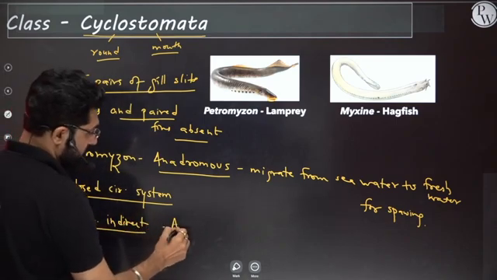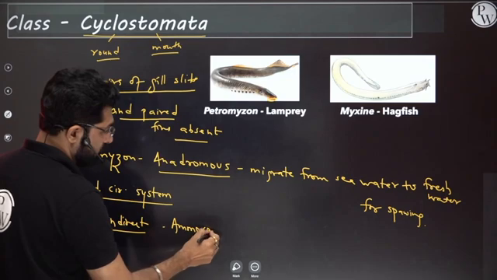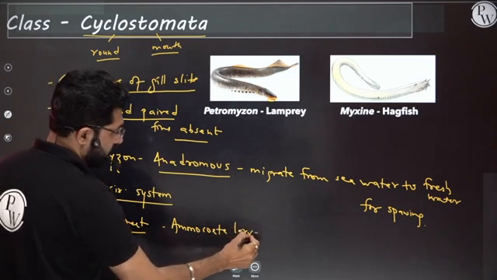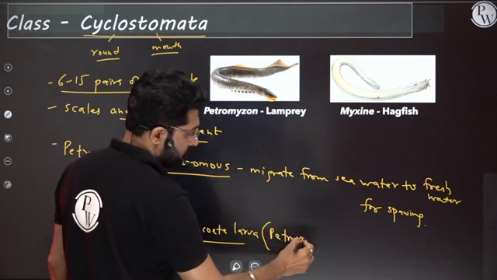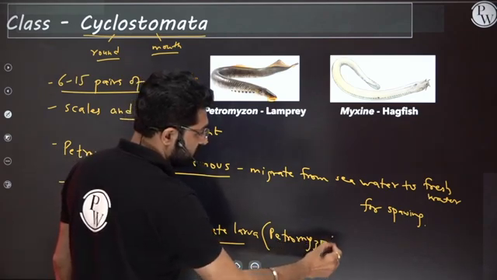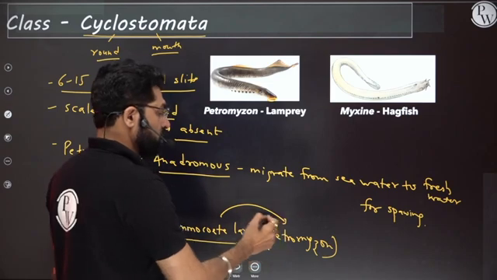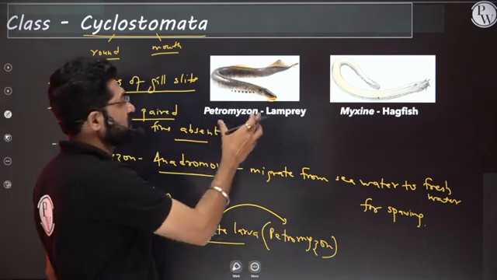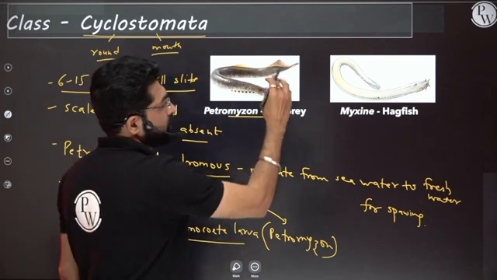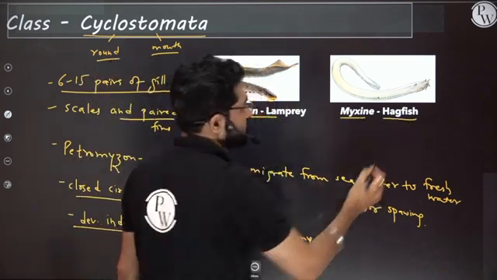Ammocoete larva is the larva of Petromyzon. Is it okay with you? So these are two differences. You can see Petromyzon here and this is Myxine, which is hagfish.